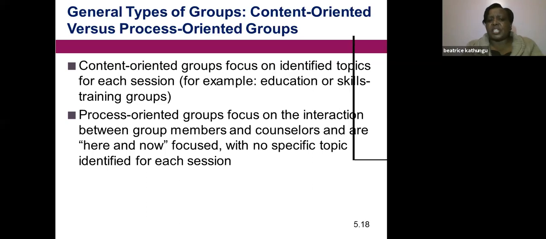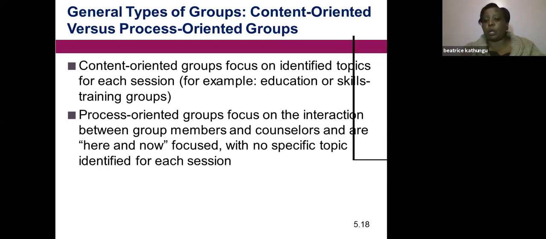Very common with skills training. Sometimes we have them when we are training families in psychoeducation or even clients. These are examples of content-oriented groups. The focus is on a certain topic that has been identified as relevant to the clients or maybe to their significant others.